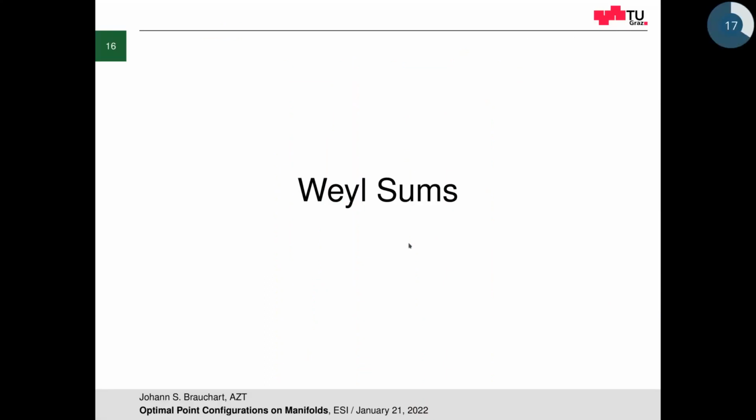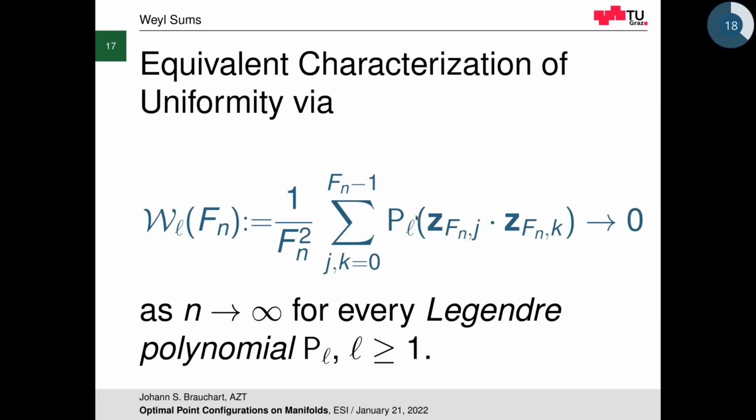Okay, so why Weyl sums? Let me first define this here. It's well known, you can find this in the book by Kuipers and Niederreiter, that the uniformity of point sets on a sphere can also be characterized by the fact that this sum goes to 0 for every Legendre polynomial P_l. Normalized by the factor 1 over the number of points squared, we call it the Weyl sum for the point set, and it has as index the degree of the polynomials.